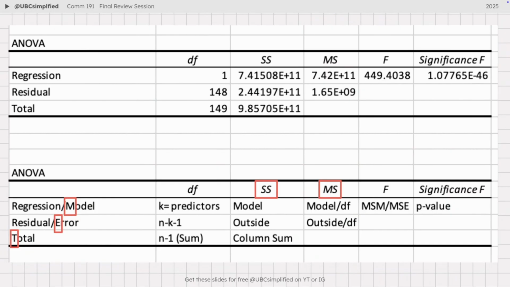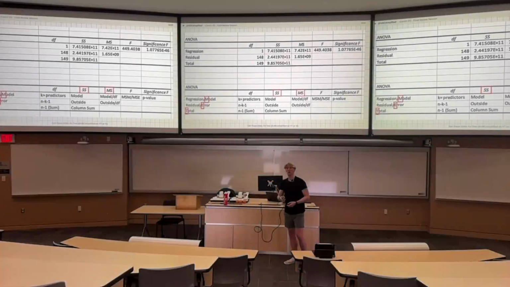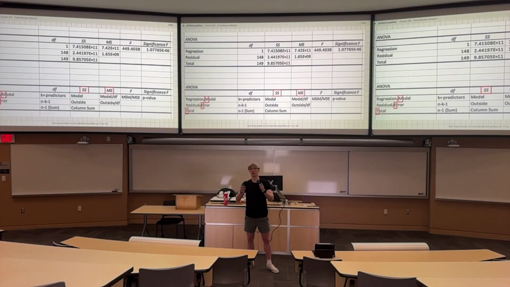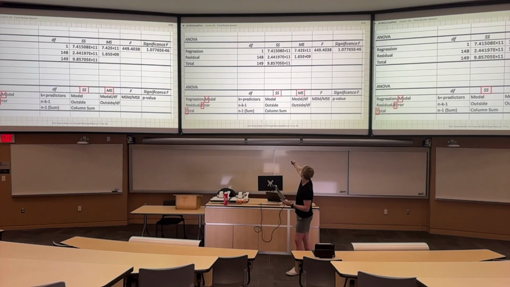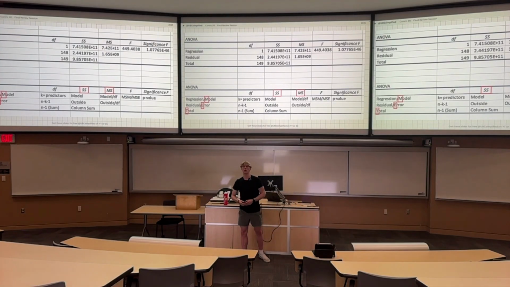Then one thing to keep in mind is that Excel will call it regression and residual. It's the same thing as model and error. So SSM and SS regression are the same thing. You take that SSM, divide it by its degrees of freedom, and that gives you your MS, the mean of squared from the model.